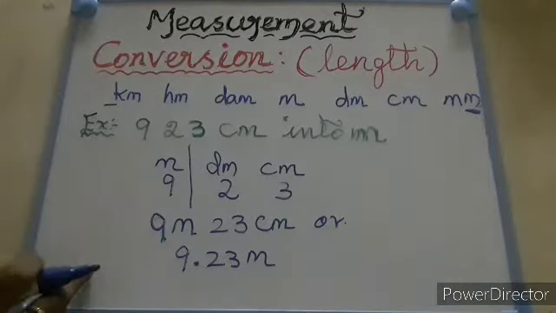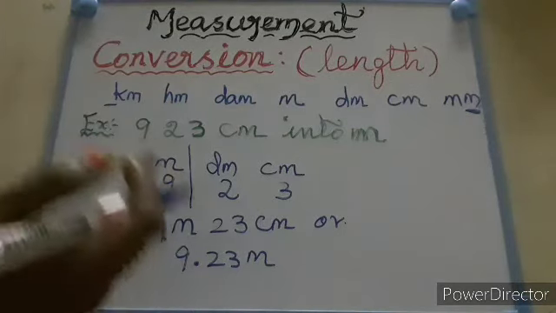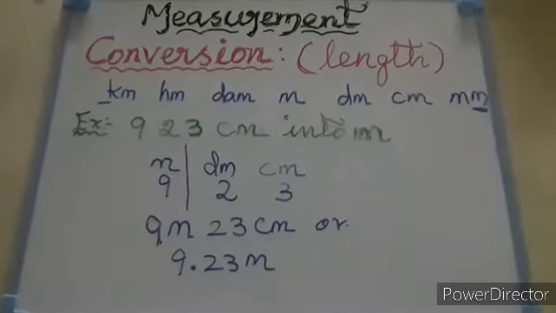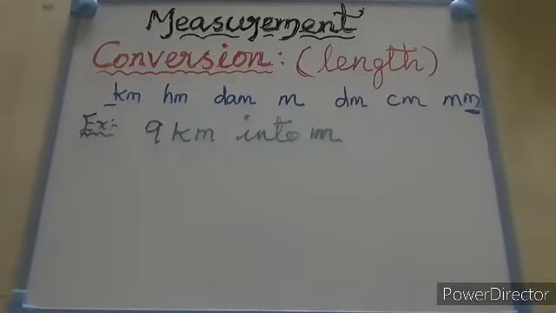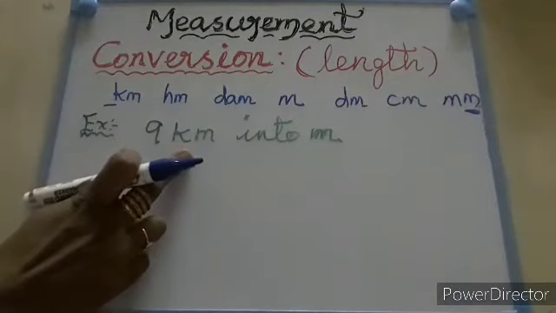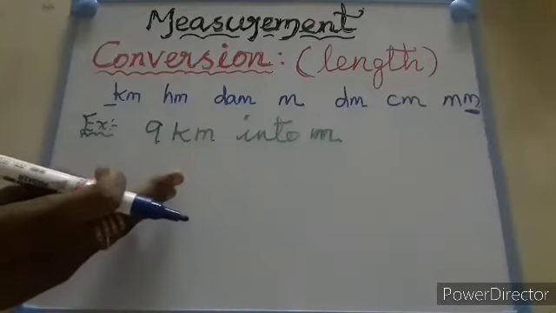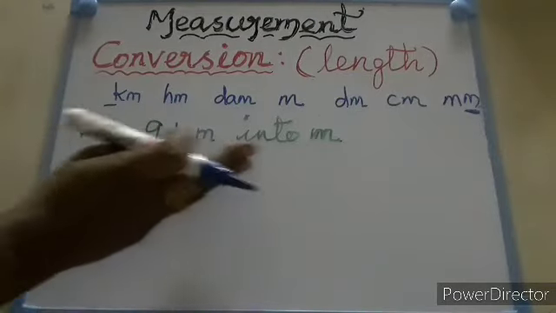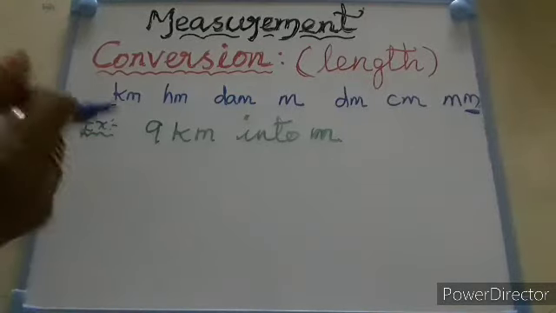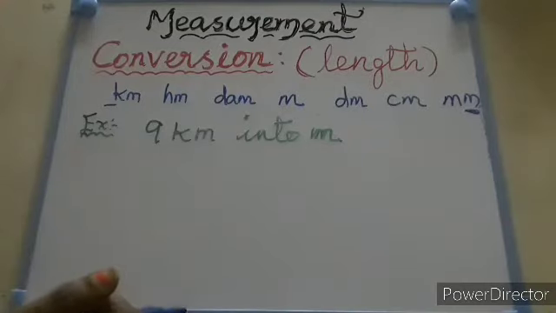Now we will check how to convert the greatest unit to the smallest unit. Children, you know that meter is the smaller unit and kilometer is the greatest unit, right? So now we are going to convert greatest unit to smallest unit. The same way you did in the previous examples, you have to do here also.